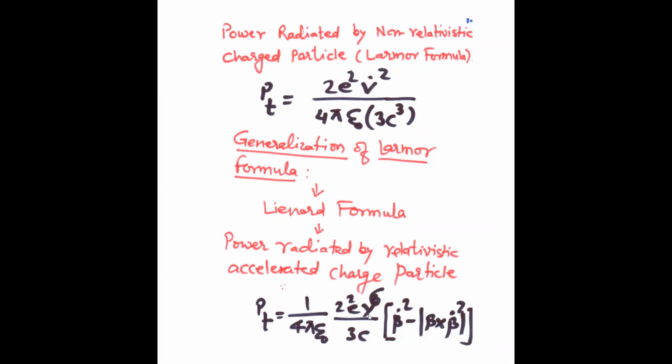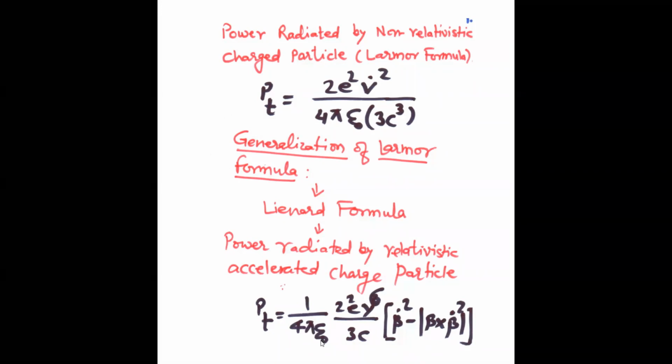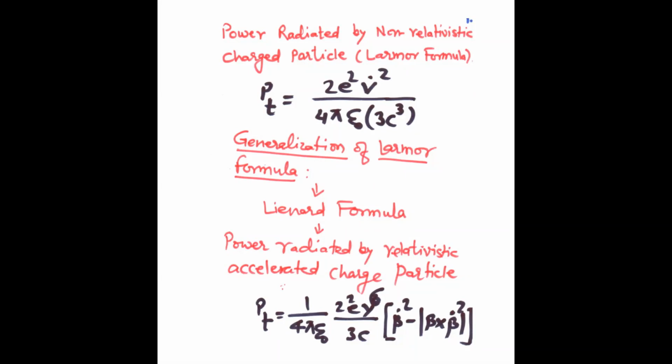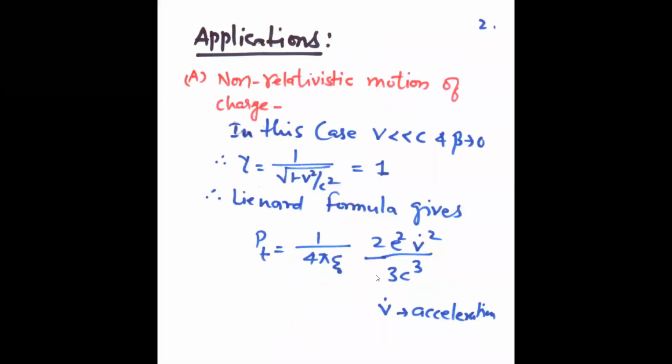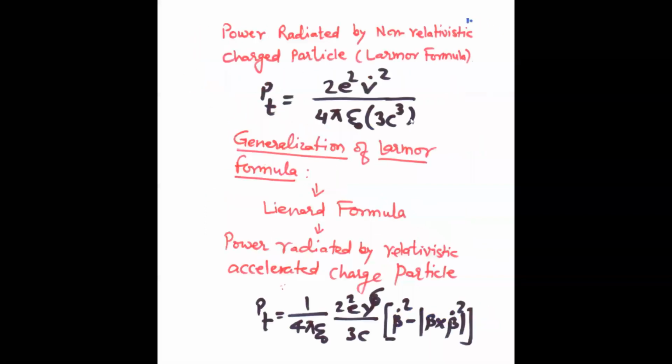So you will get simply 1 by 4 pi epsilon naught, 2 e square upon 3c into v dot square upon c square. So finally we get this formula: P(t) equals 1 by 4 pi epsilon naught, 2 e square v dot square by 3c cube. And this is the Larmor formula.